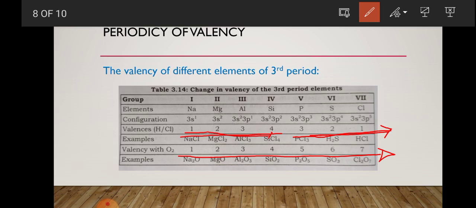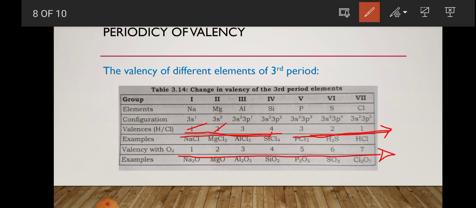If we look at the electronic configuration of group 1, here sodium, we see that the outermost electronic configuration is 3s1. That means there is only one electron, so the valency of sodium is 1. For magnesium, the outermost electronic configuration is 3s2, so the valency of magnesium is 2.